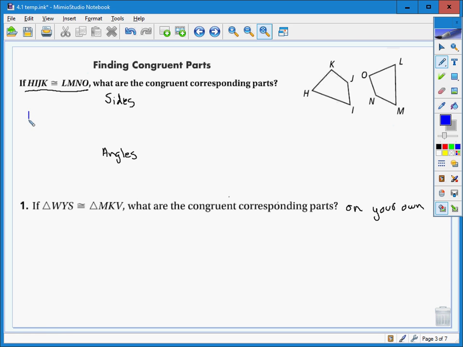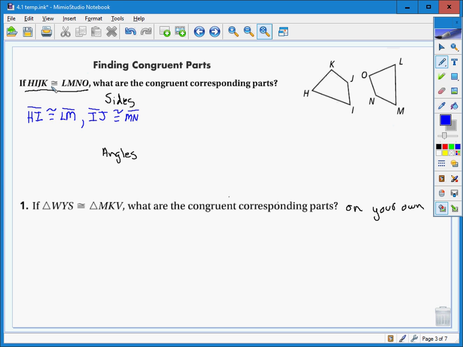Notation is important. Make sure that when you're listing the sides, you're referring to them as segments. Segment HI is congruent to segment LM. Notice I took the first two and it lined up with the first two in the other one. Segment IJ is congruent to MN.